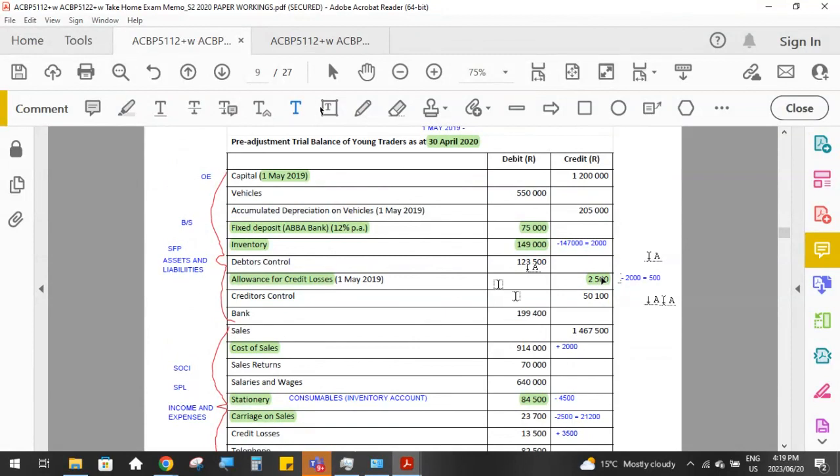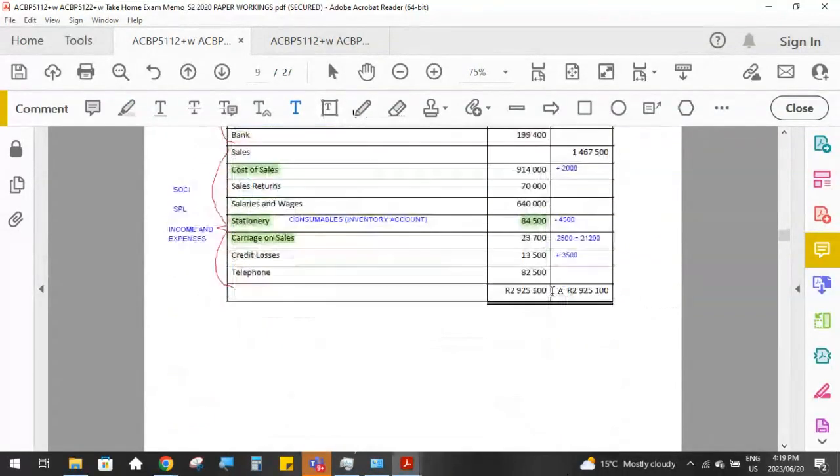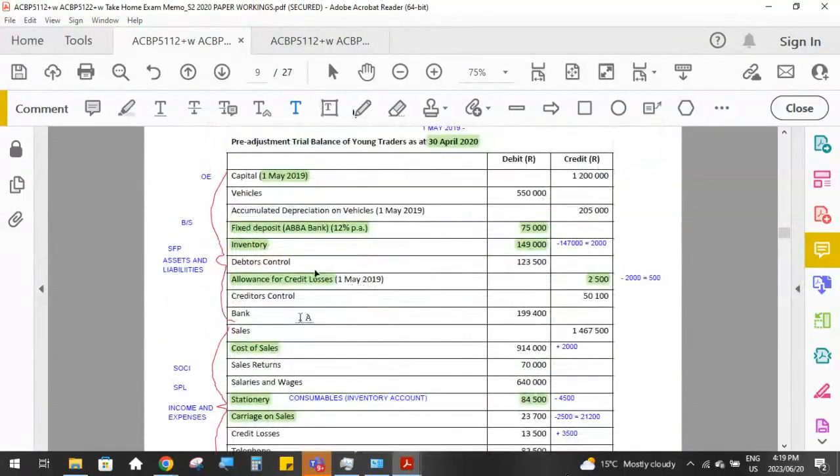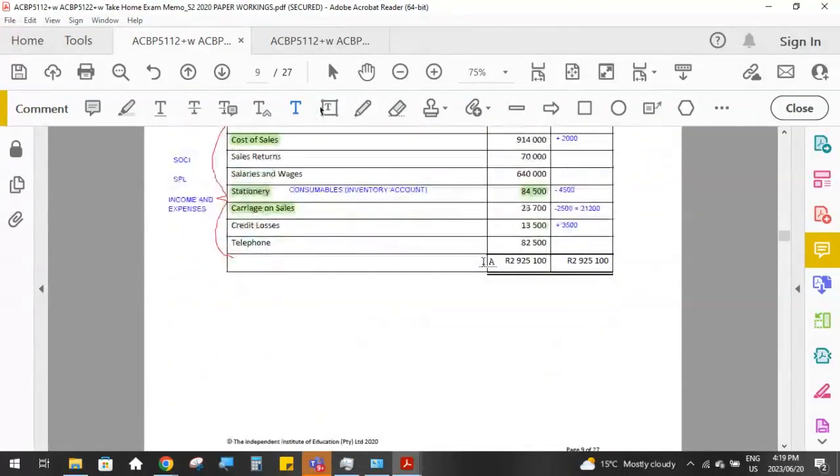Allowance for credit losses is a credit. It must be 2,000 credit. So that means I've got to debit my allowance for credit losses account with 500 Rand in order to get it down to 2,000. So I am debiting my allowance for credit losses with 500.